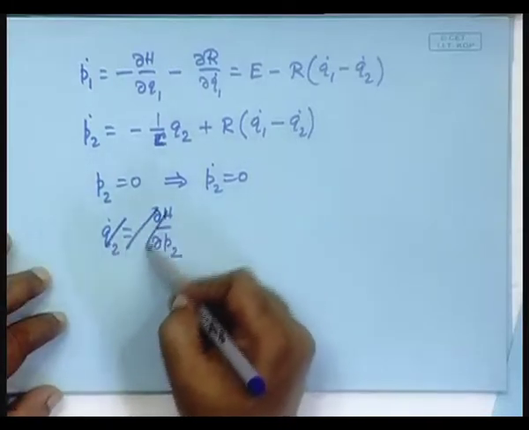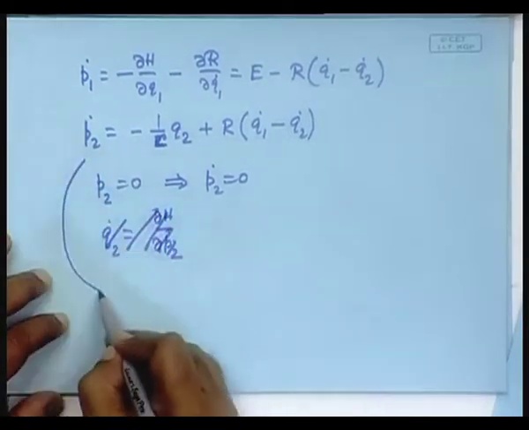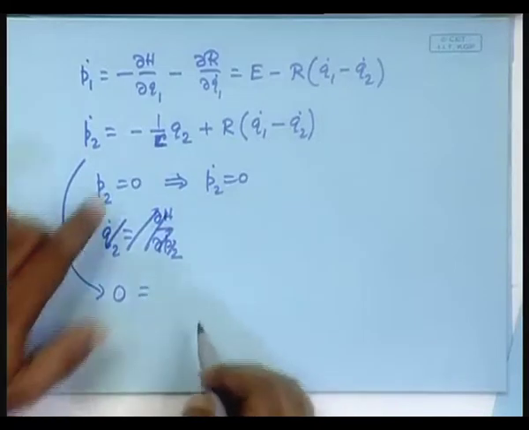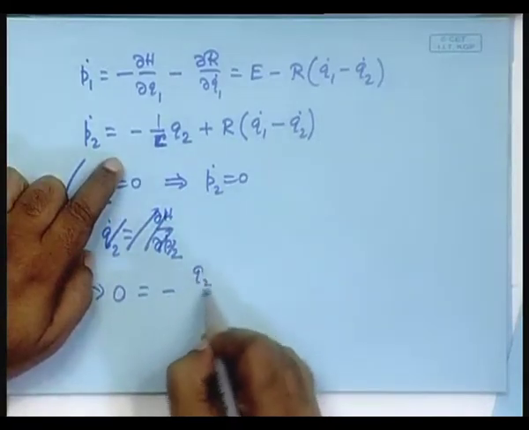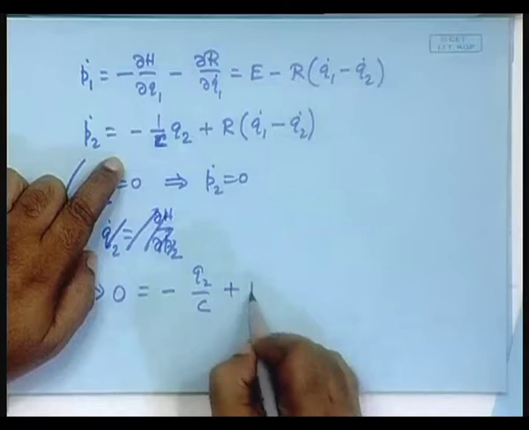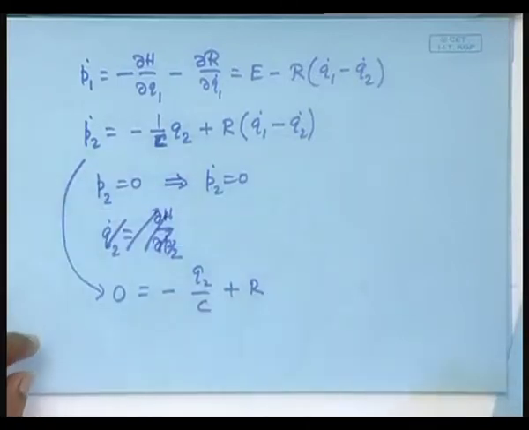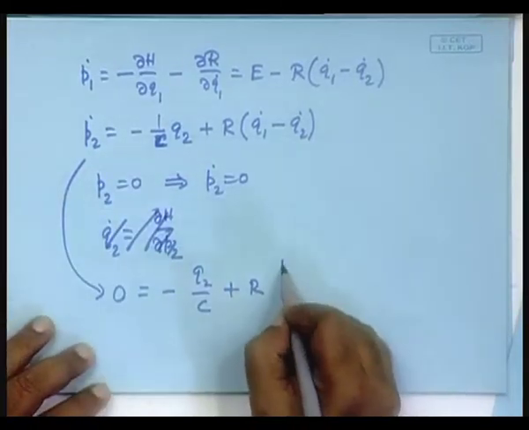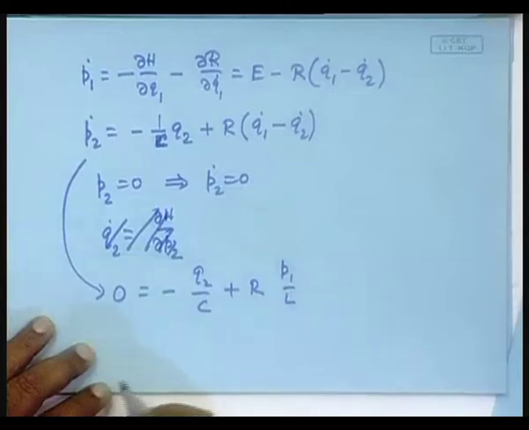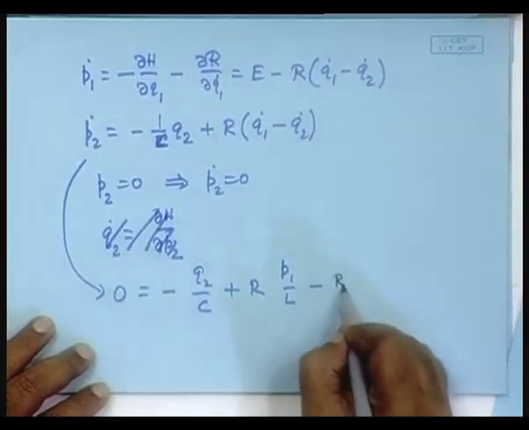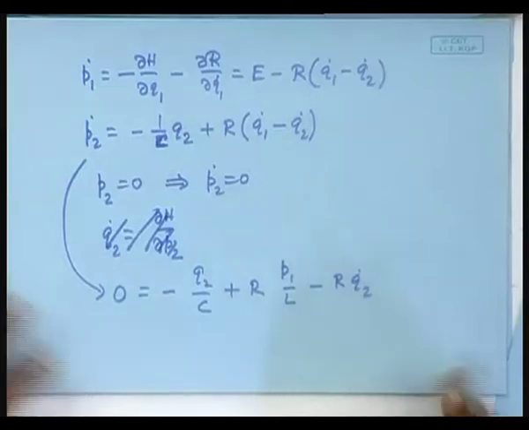So, we will not use this, we will use this: 0 is equal to minus Q2 by C plus R times Q1 dot, which we already know is P1 by L, minus R Q2 dot. Fine.